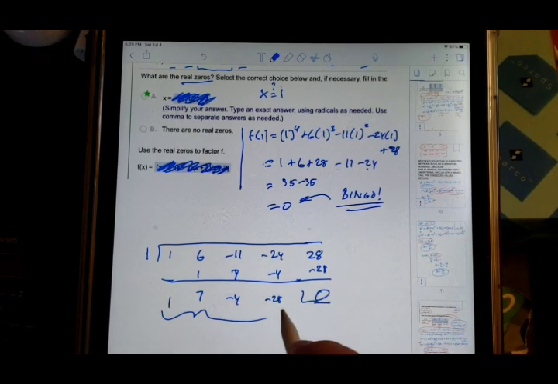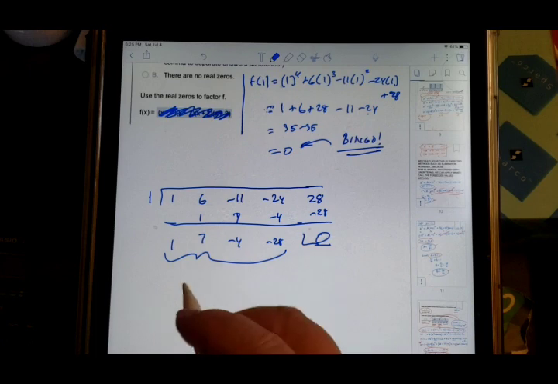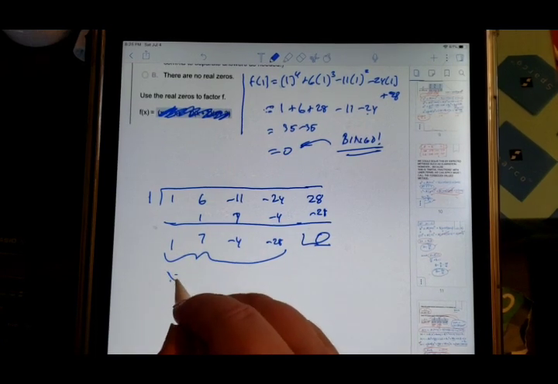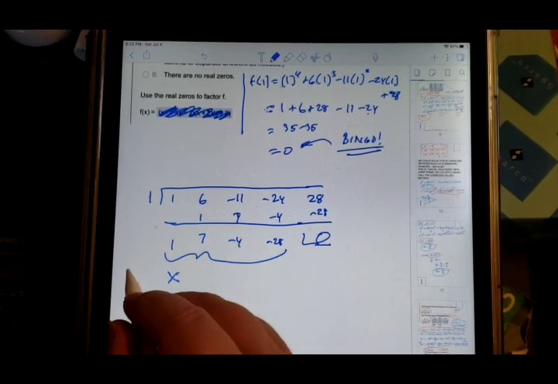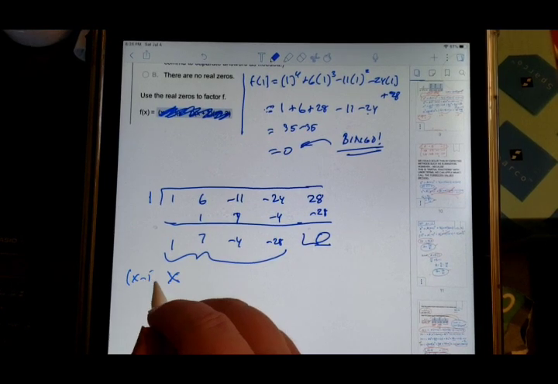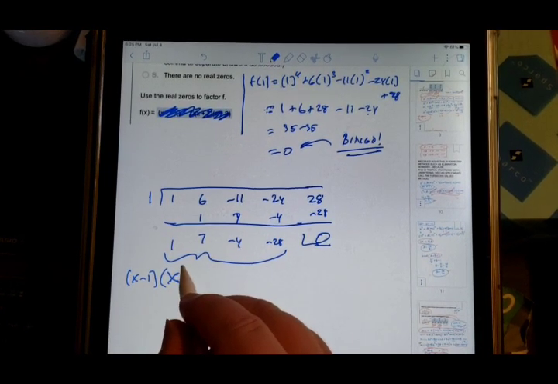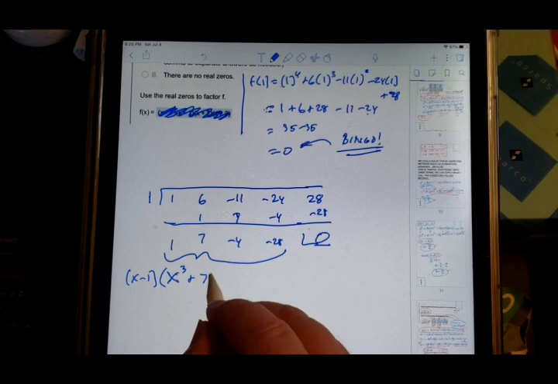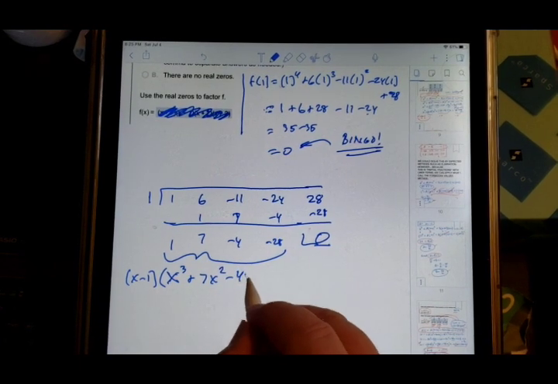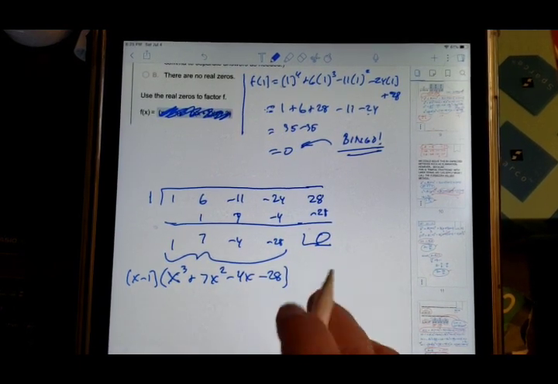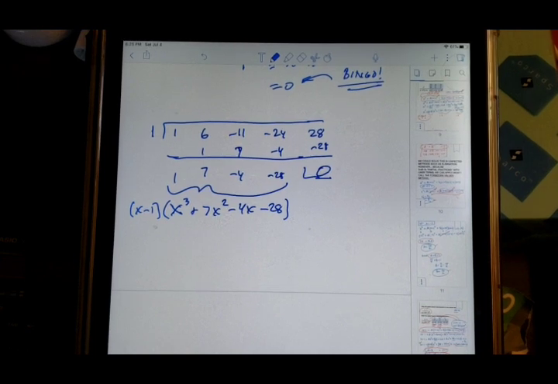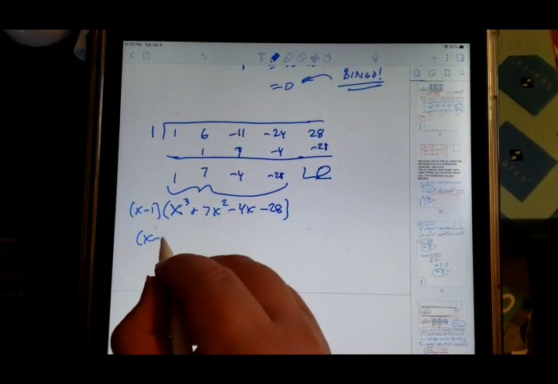But what's the point of that? The point is, I know that I have x minus 1, but I also have x cubed plus 7x squared minus 4x minus 28, which needs to be factored.